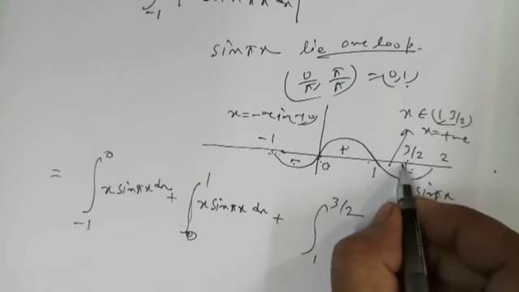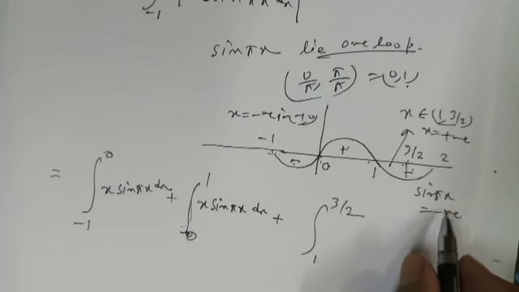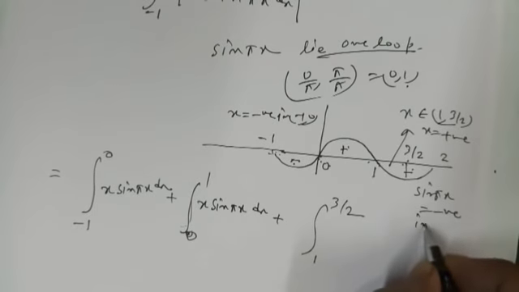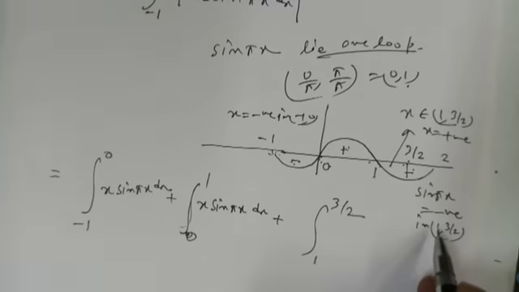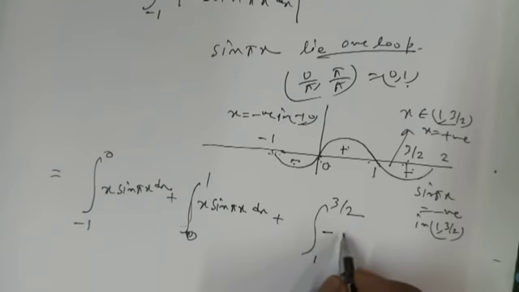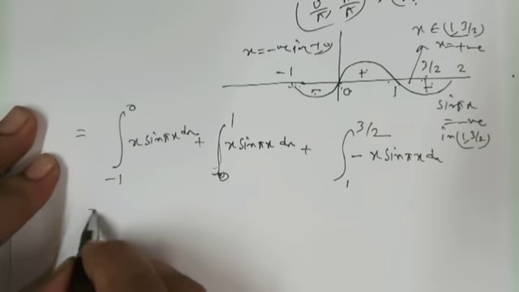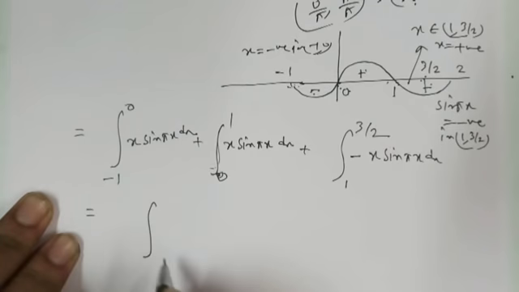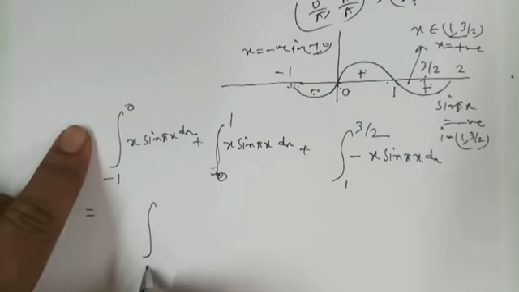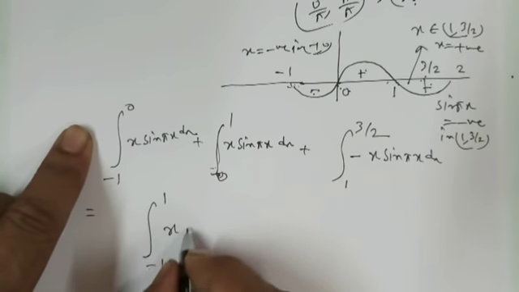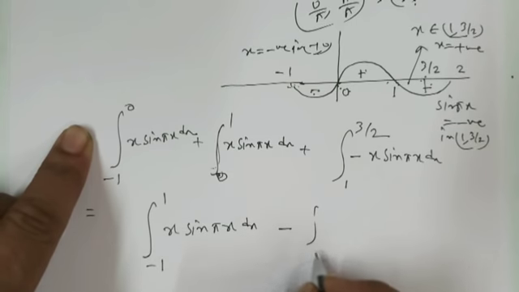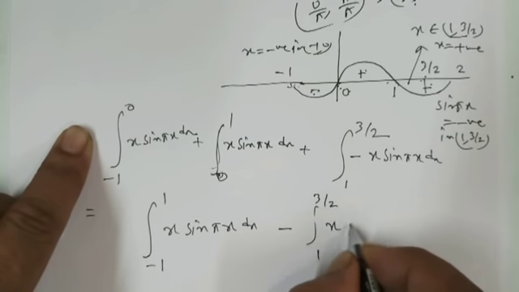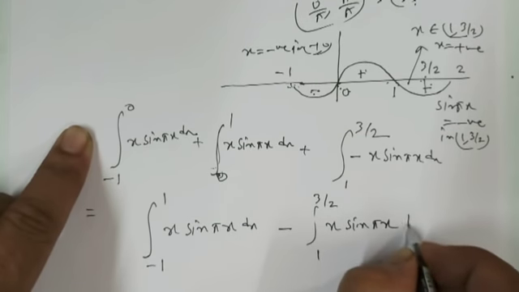So you can say this integral plus this integral: the integration from -1 to 1 of x sin pi x dx, and from 1 to 3/2 of the negative of x sin pi x dx.